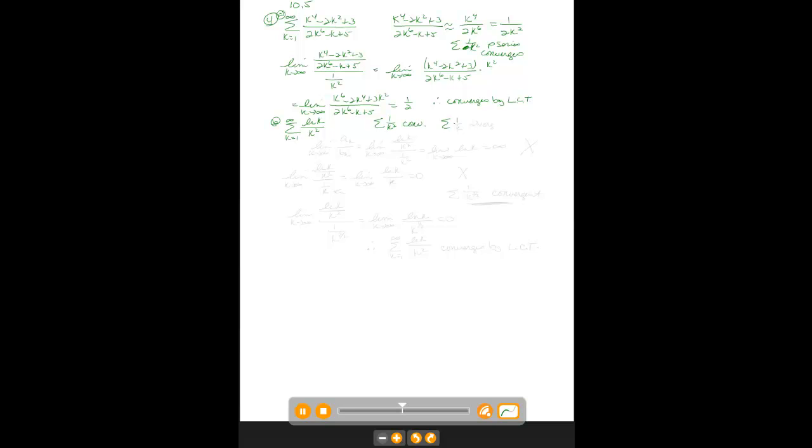But we also know that 1 over k diverges. And this one is in between those two. So we've got to figure out which way we're going to work it. We're going to look at each of them because bad things are going to happen here.